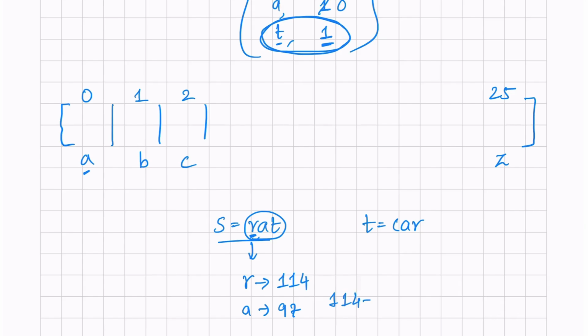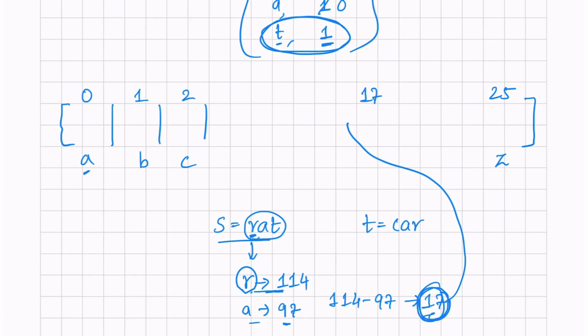So 114 minus 97 gives you 17, and this 17 becomes the index in your array. So if you want to update the value of R in your array, you subtract A's decimal value from R's, and that way you get the index. So here we write a 1.